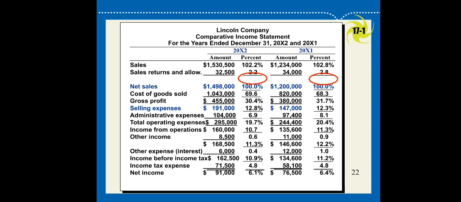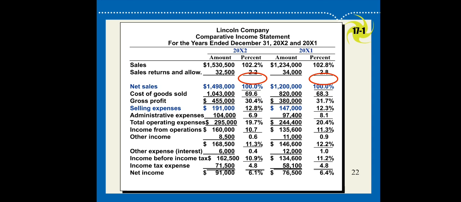You have to calculate column number 3 and number 5. You have to calculate the total. Always remember, when you do a vertical analysis for an income statement, the net sales is 100%. The net sales is 100%.